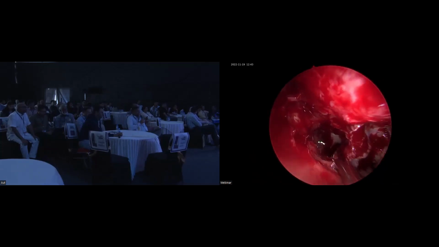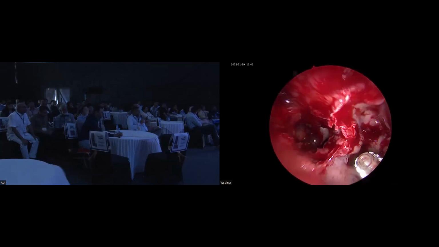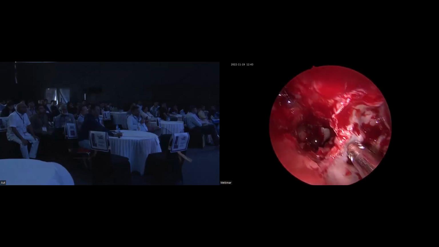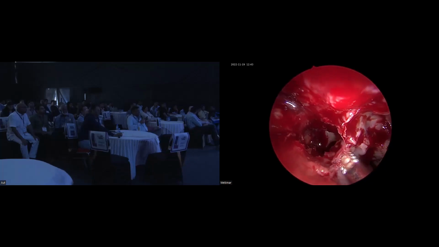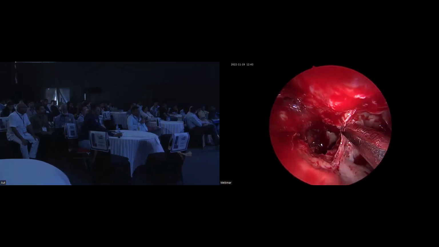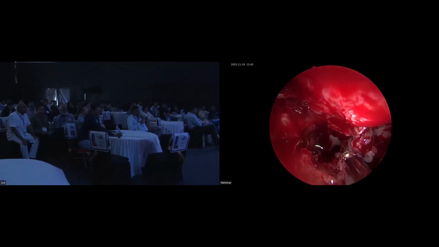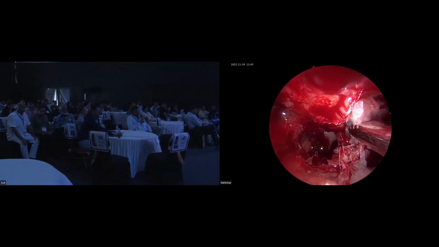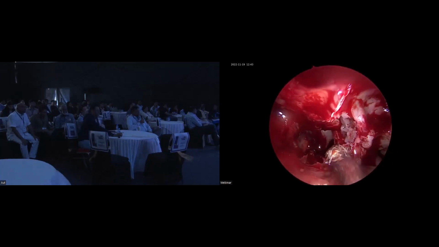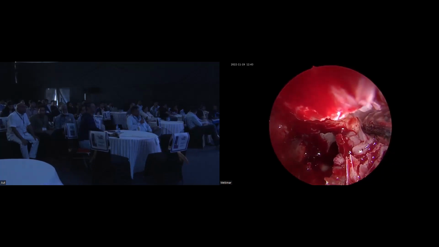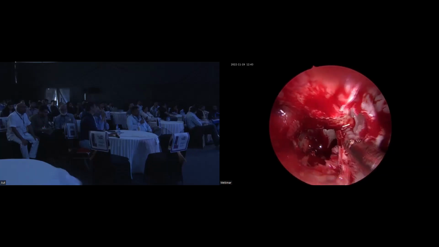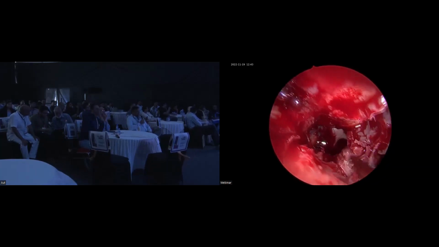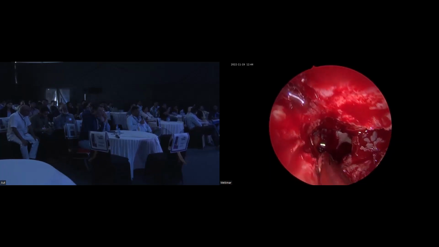I usually like to take a stitch there to make sure my turbinate remains away from the middle meatus area, or rather it is medialized. Whenever you remove this disease, it can become unstable, but in a case where there is AFS, I like to open each and every cell. Otherwise, you may leave behind some AFS here.